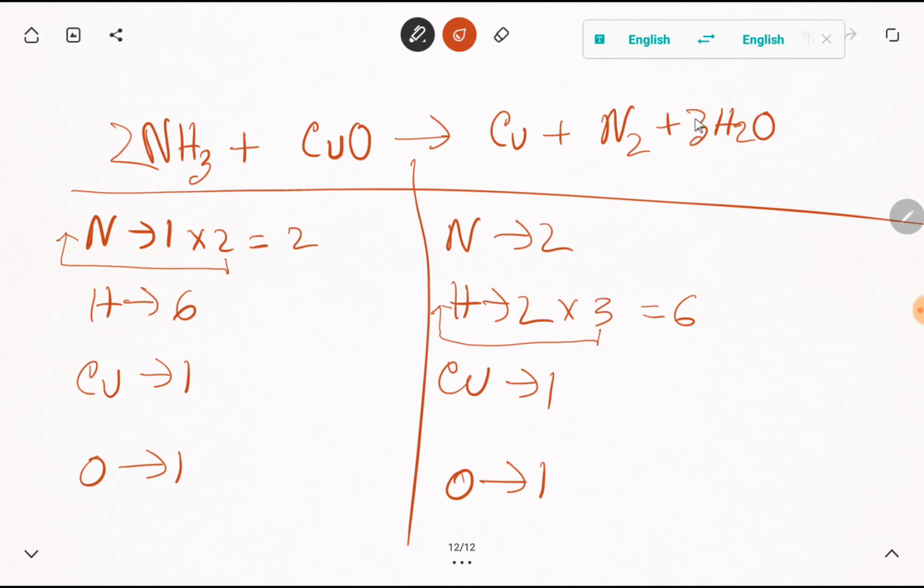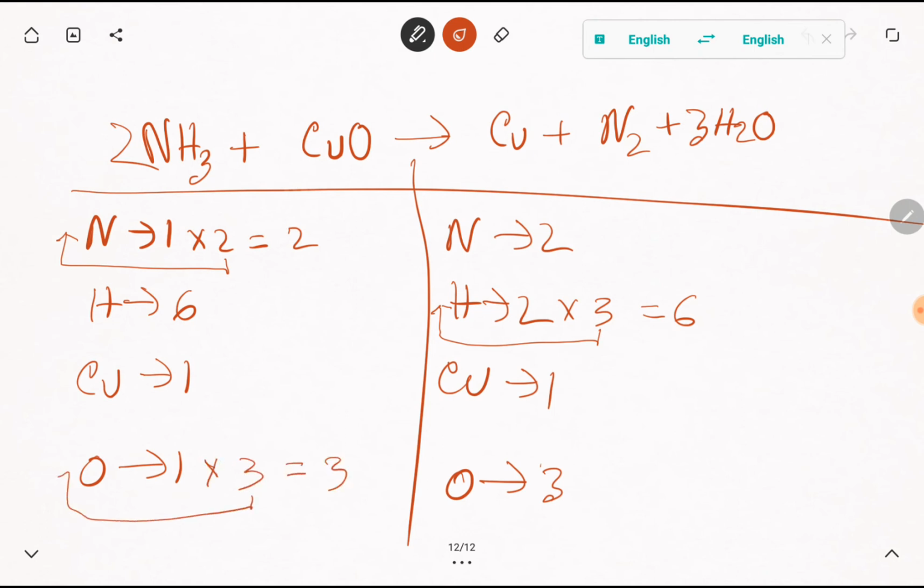If I place here 3 as a coefficient, the number of hydrogen is 6, the number of oxygen will be 3. Okay, so copper here 1 1, oxygen here 1, but here 3. To balance the oxygen, I can multiply here by 3, that gives me 3.